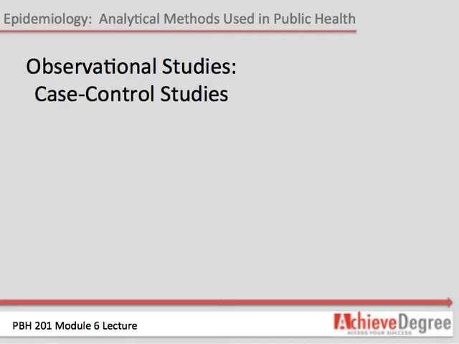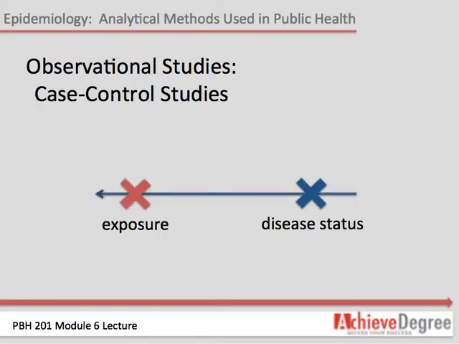The last observational design that we'll cover is called the case control study. Unlike the cohort study in which participants are selected based on their exposure status, participants in case control studies are selected based on disease status. Investigators go back in time to assess patients' exposure status.